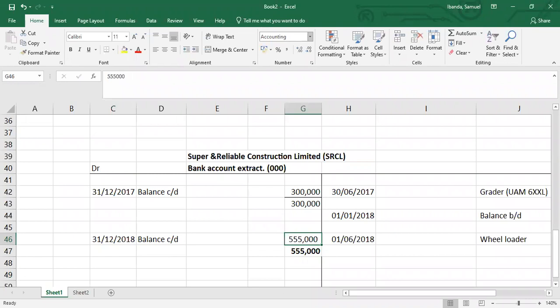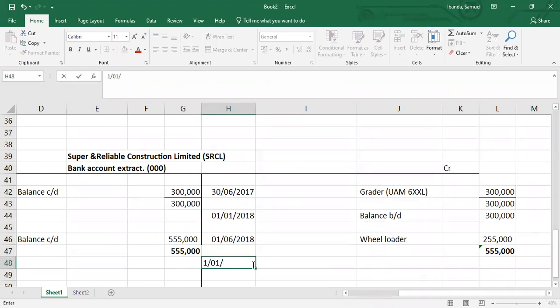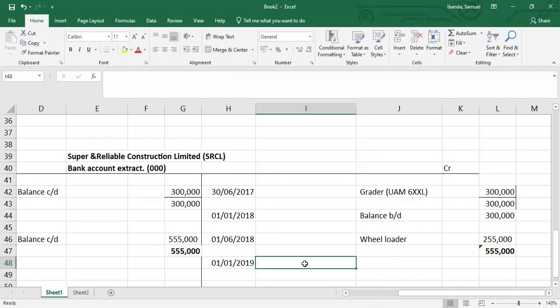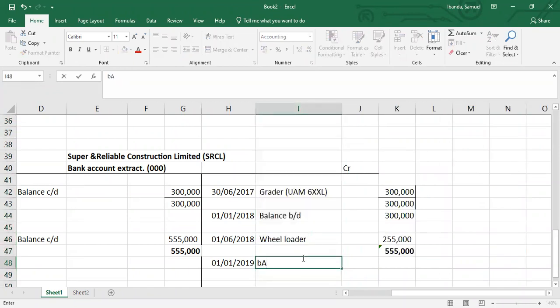Okay, so try to balance off that. Then the balance brought down here, 1st January 2019. We just remove this here.